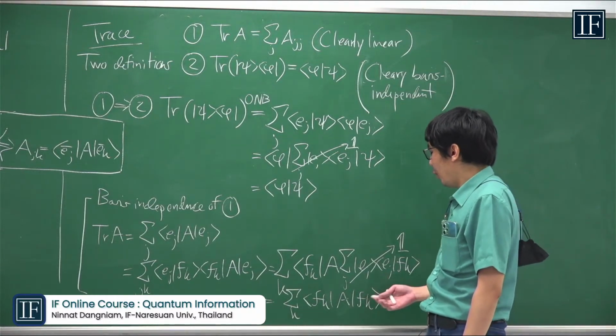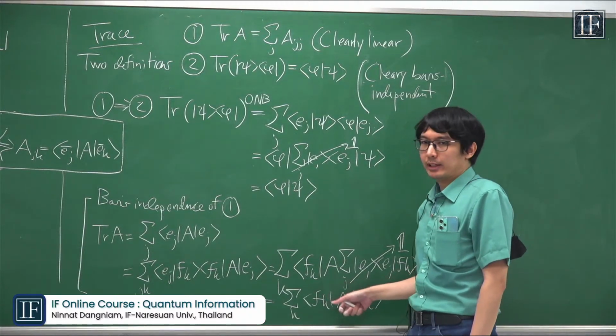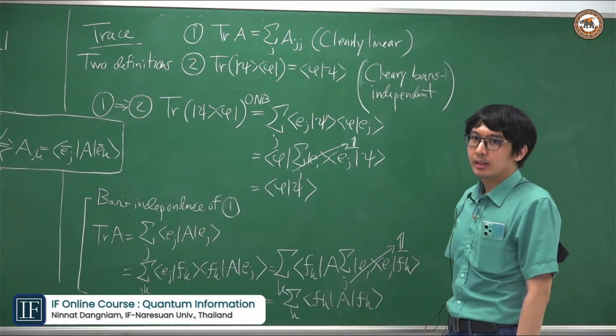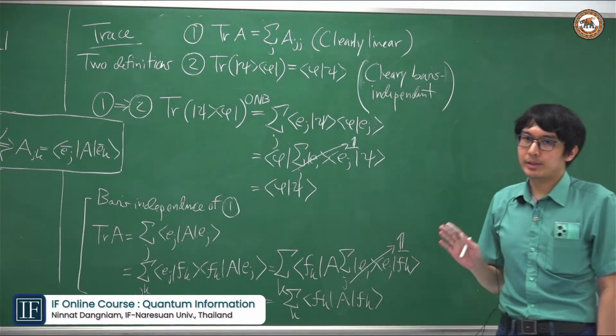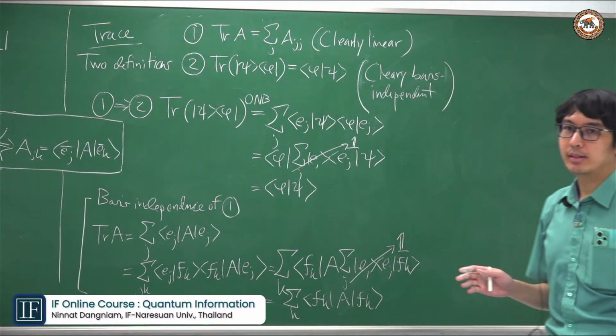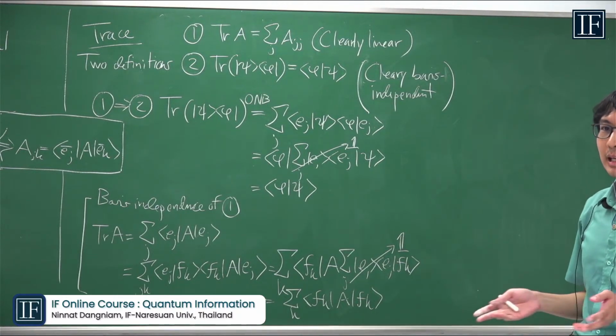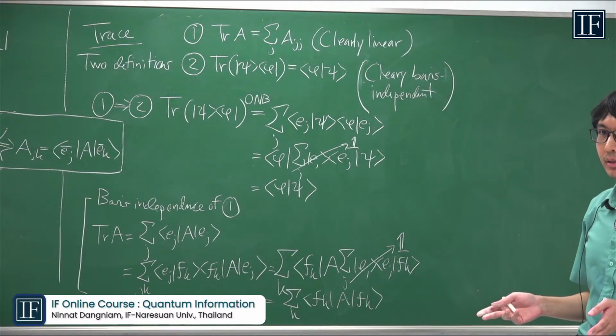And you can think about why writing it like this would be wrong if the bases are not orthonormal, even though generally you can calculate the trace in any basis. It doesn't have to be normalized or orthogonal.